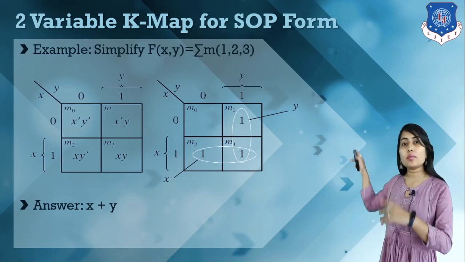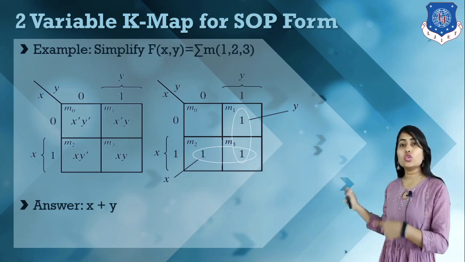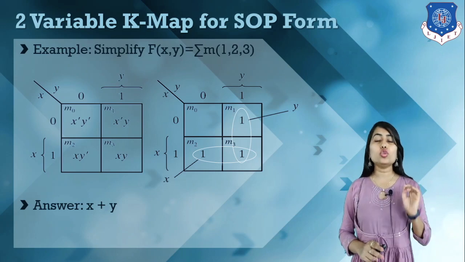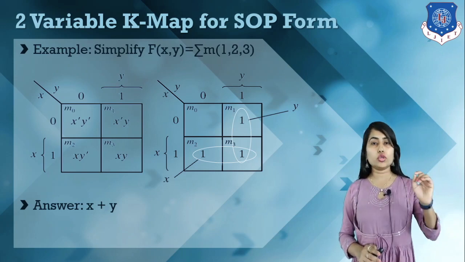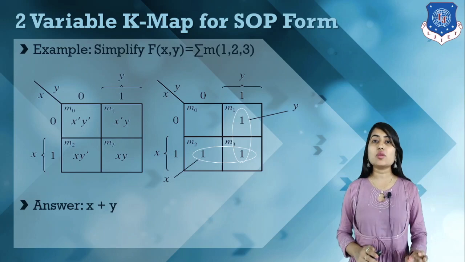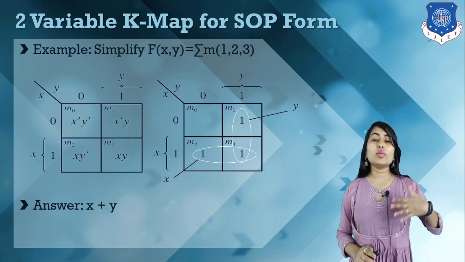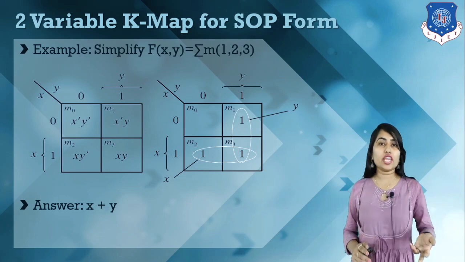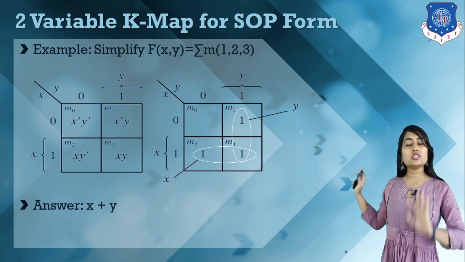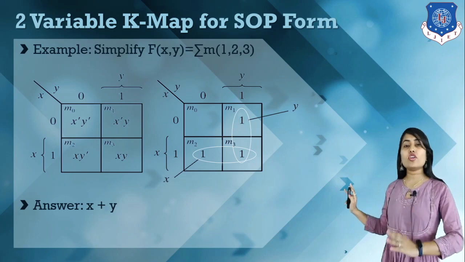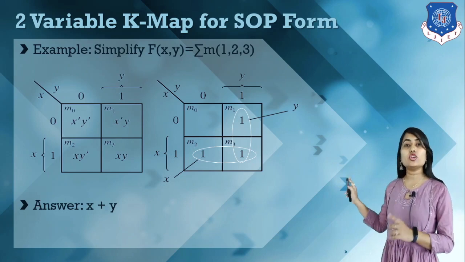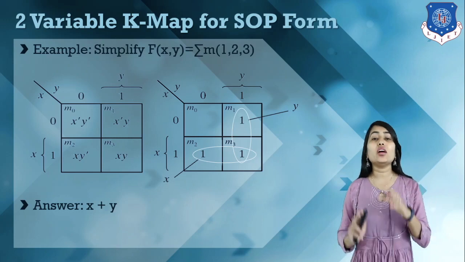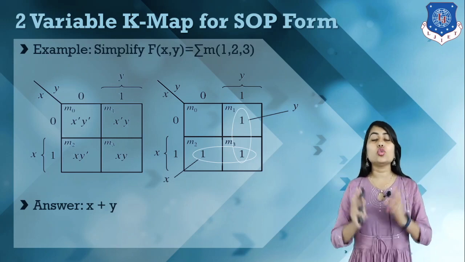So here we can make a group like this, and we can make a group of 2 like this. Here we have 4 squares, so we have to make groups in powers of 2. We try to make a maximum group of 4, then a maximum group of 2, then a group of 1. Remember, in a K-map it is necessary to make fewer groups, and groups of big size.